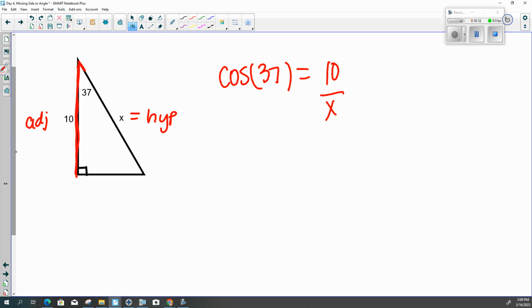Equals what? All right, Grace, what do I need to do to solve this? Yeah, because I've got to have it in the numerator. I'm not even going to rewrite everything. Divide everything by cosine 37.